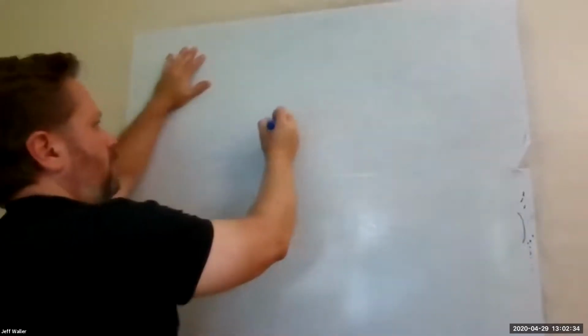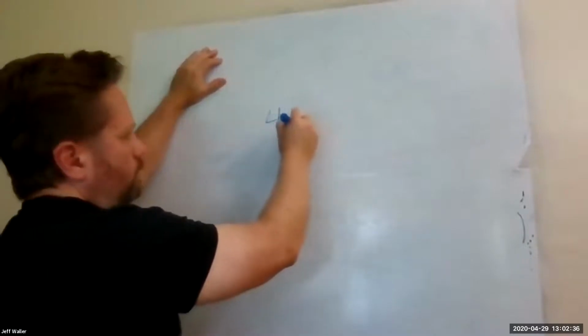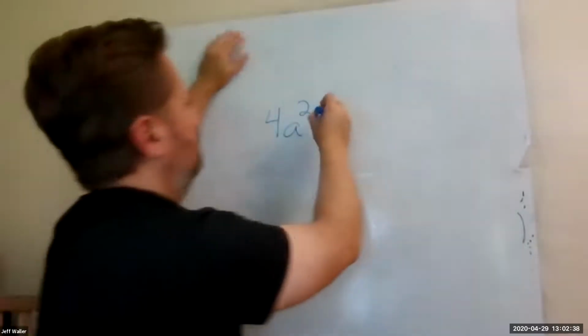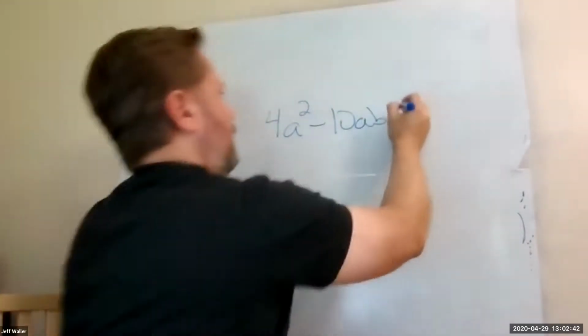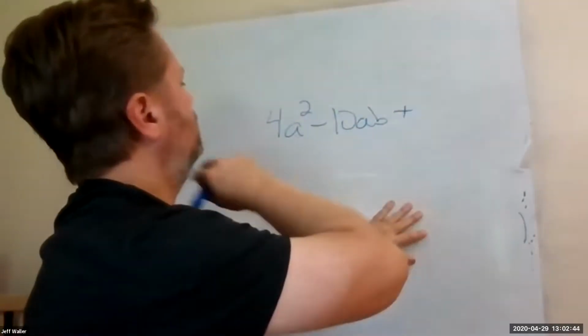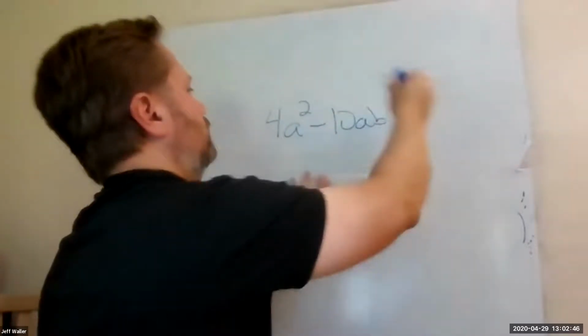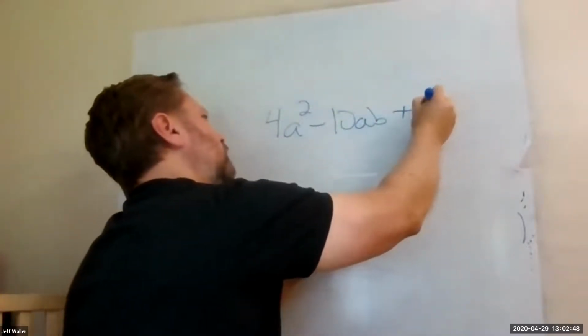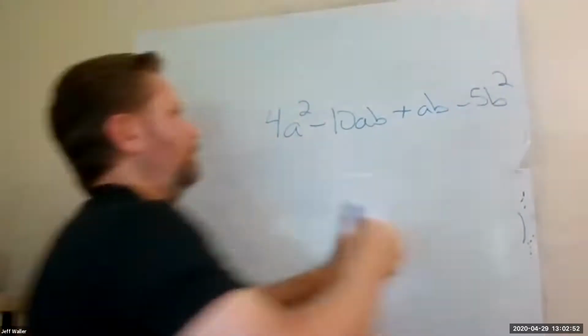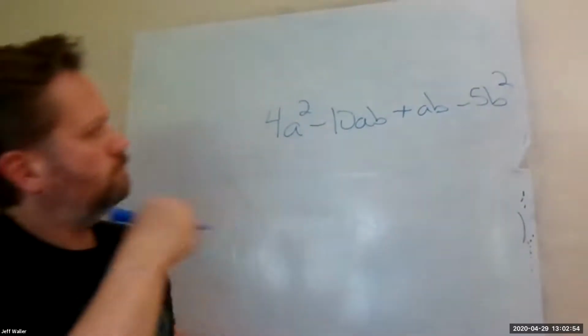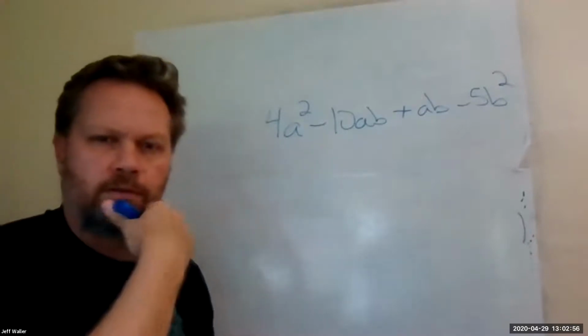All right, so what about if I had let's see, plus BC2 A minus 5B. All right. That should work. All right.